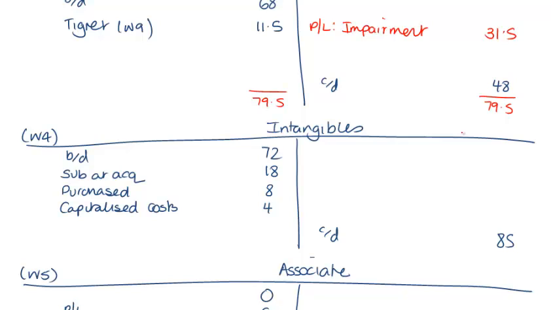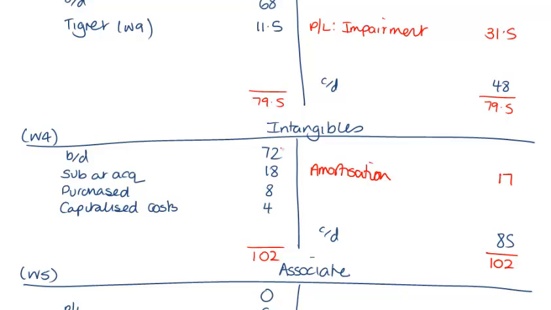Intangibles 72 plus 18 plus 8 plus 4, 102 versus 102, balancing figure of 17. That must be amortization of intangibles. If we've amortized our intangibles, that's a non-cash expense.